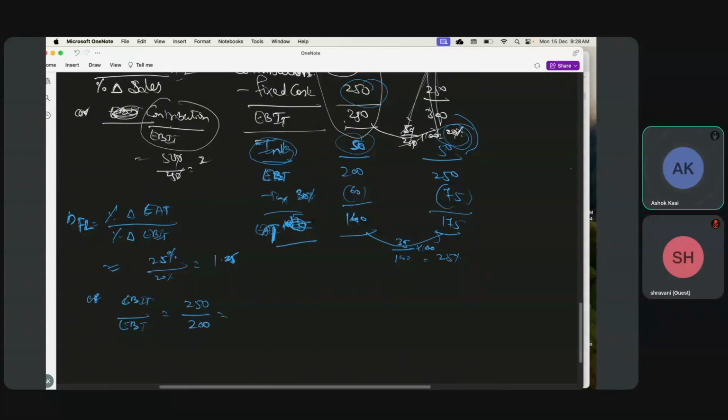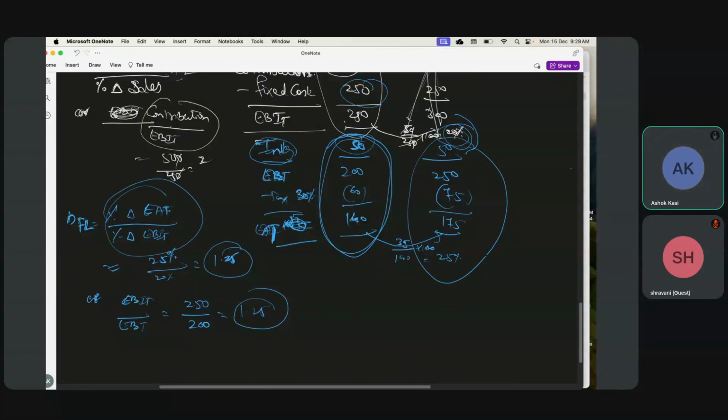Now check this one, 250 divided by 200 is 1.25. So this is the base case scenario where you use only this number. If the next year is also given, then you will use this formula, percentage change.